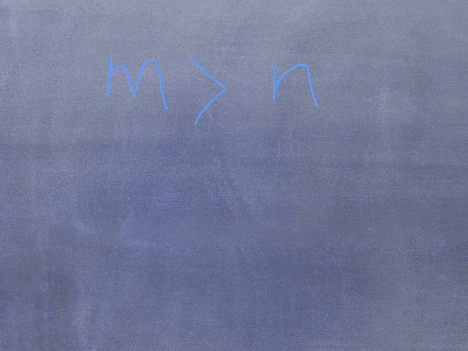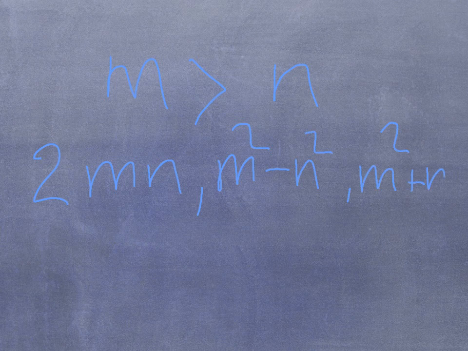Here's a way of creating a Pythagorean triple or triad. The three sides can be found by finding 2mn, m squared minus n squared, and m squared plus n squared.